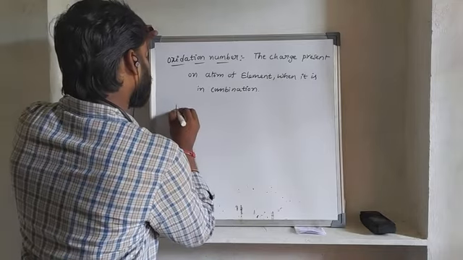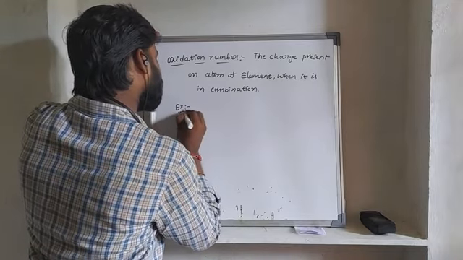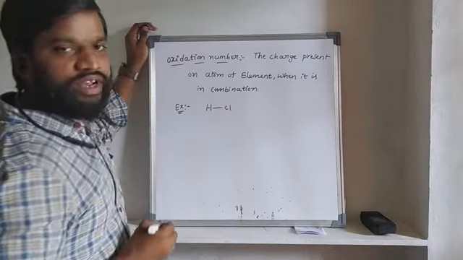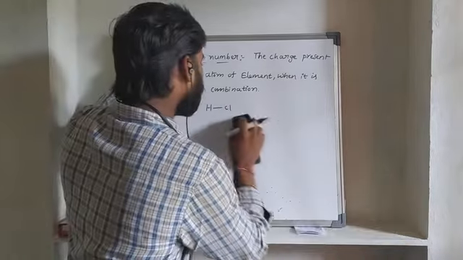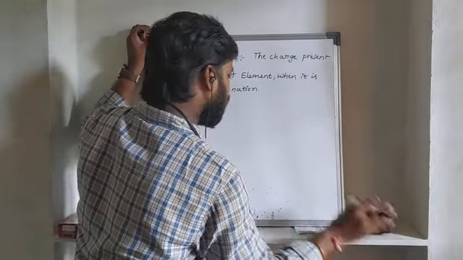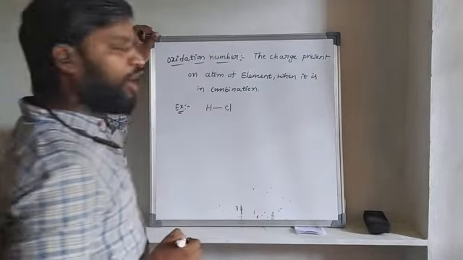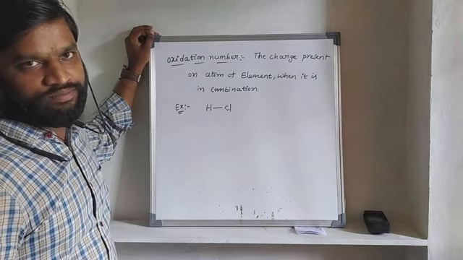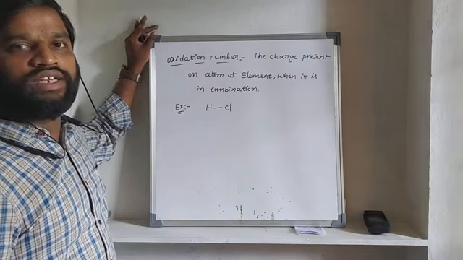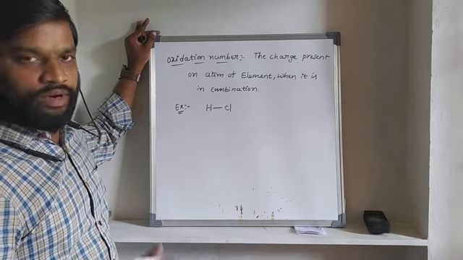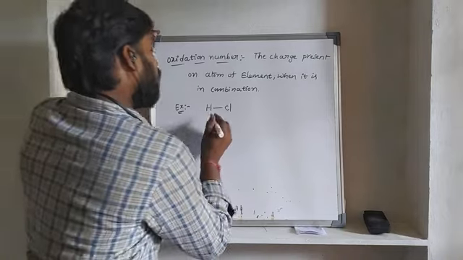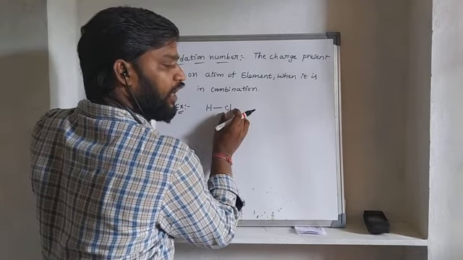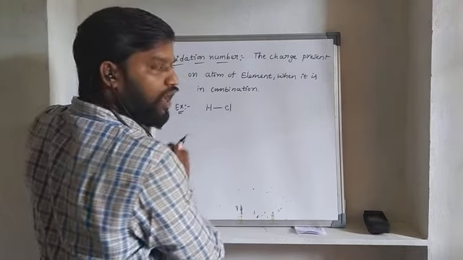For example, hydrochloric acid, HCl. In hydrochloric acid, hydrogen and chlorine both combine to each other by a single covalent bond. Okay. So, in between these two, chlorine is more electronegative element when compared to hydrogen.